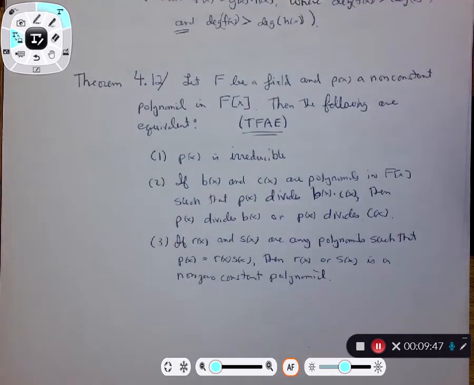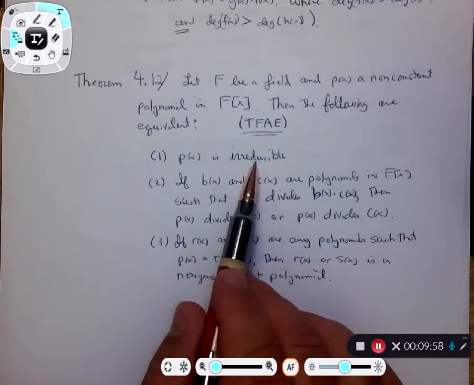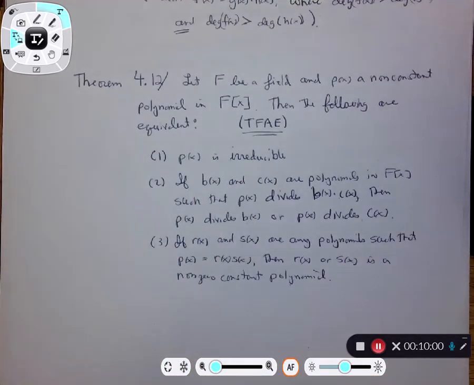It has the same patterns as what prime integers did way back when in chapter 1. So this idea of prime and the idea of irreducibility are actually connected. They have the same idea. Now, we're in a different world, the world of polynomial rings, but the concept is the same.